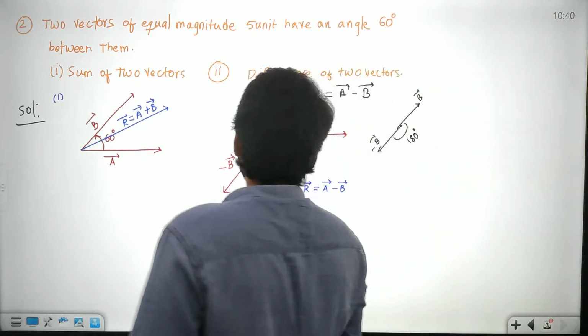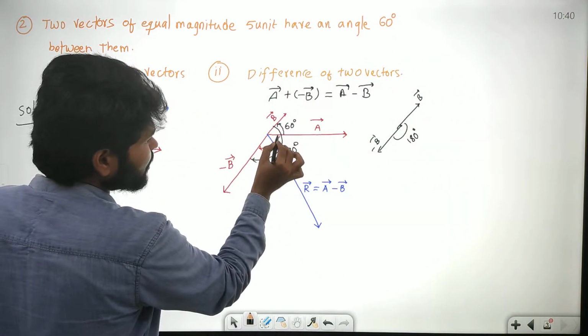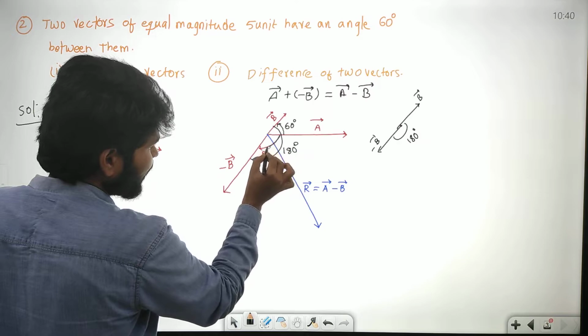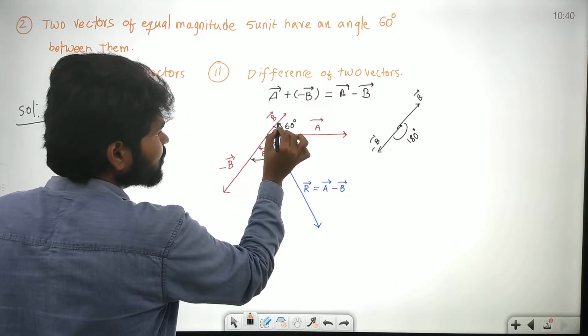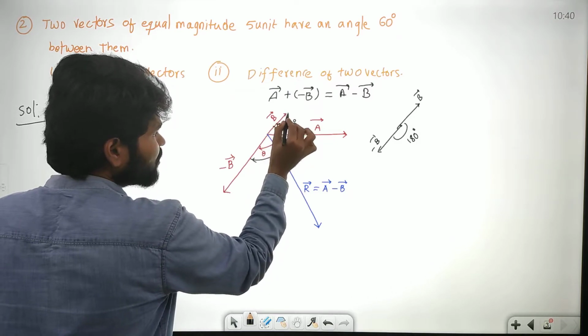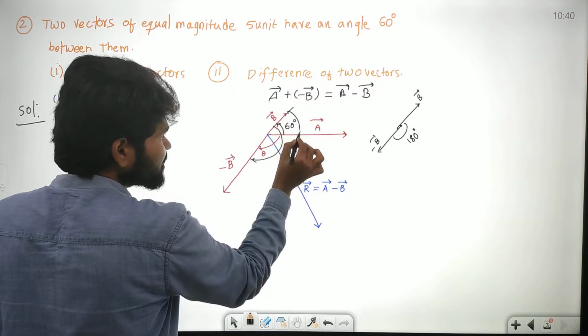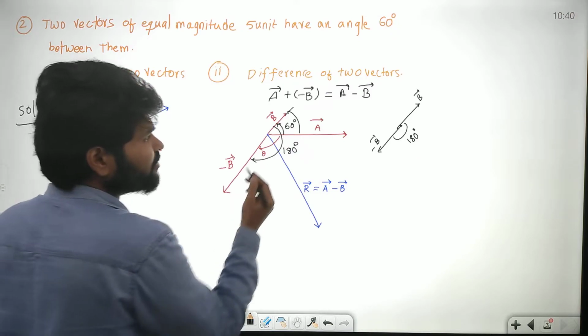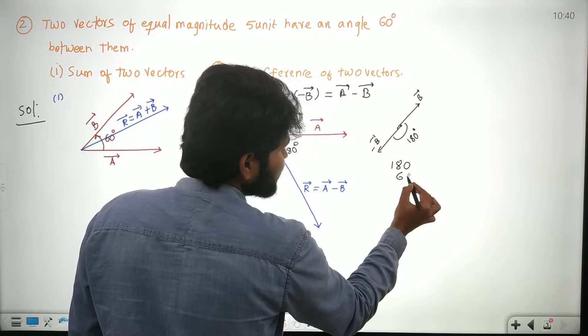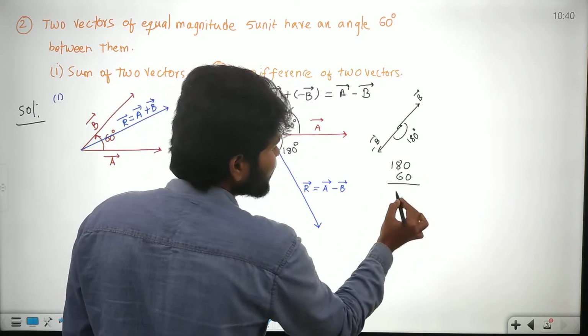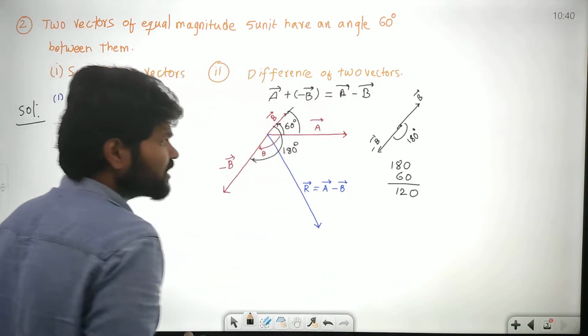Now I want only this angle, this red one. So what I have to do is remove this 60 degrees. From 180, I have to remove 60 degrees. What will I get? I get 120 degrees.